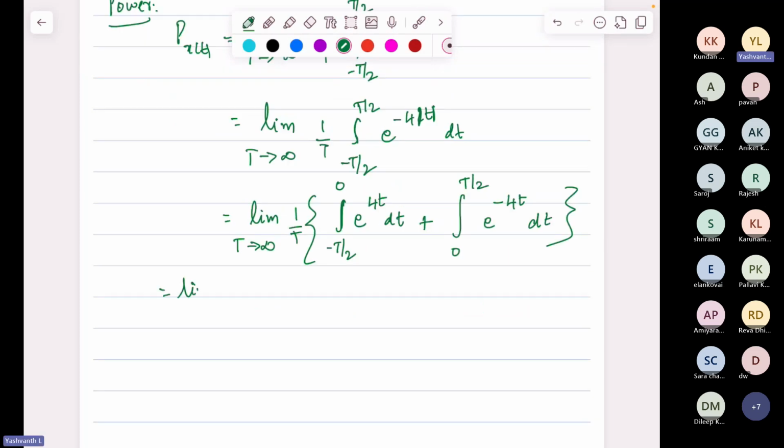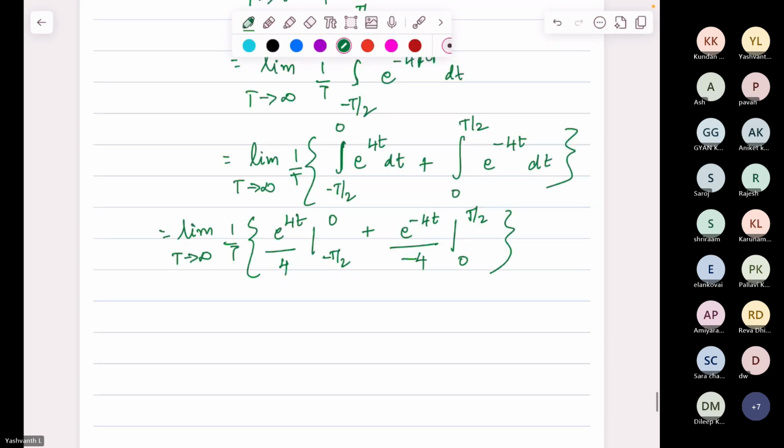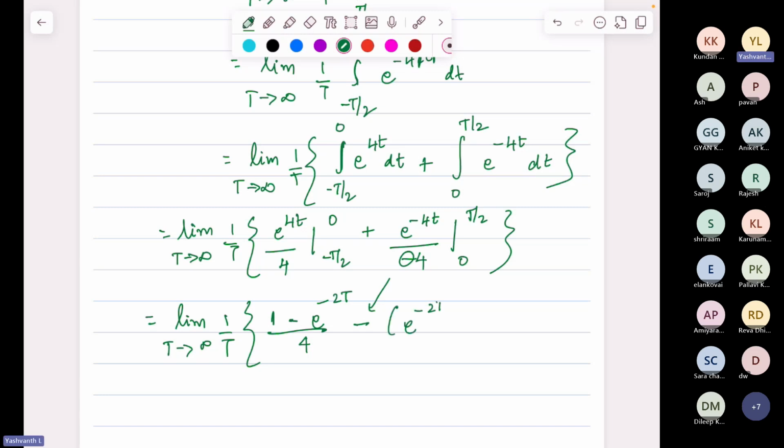This is nothing but the limit as T tends to infinity of 1 by T times e power 4t by 4 from minus T by 2 to 0, plus e power minus 4t by minus 4 from 0 to T by 2. Now this is nothing but the limit as T tends to infinity of 1 by T times 1 minus e power minus 2T by 4, minus e power minus 2T minus 1 by 4.